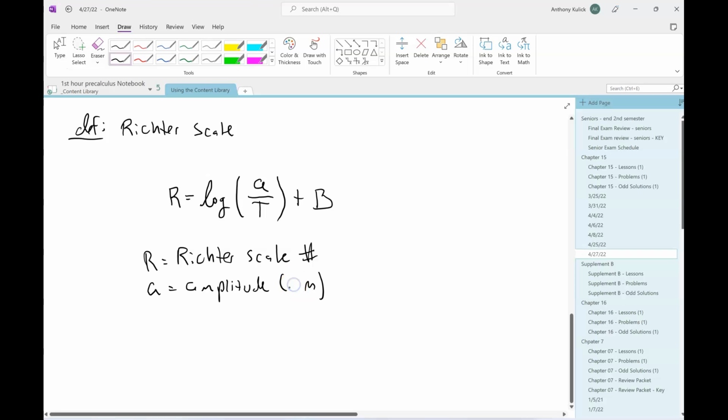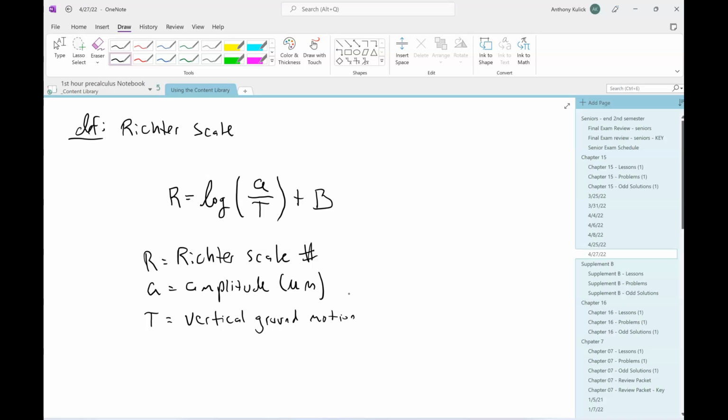I think that mu symbol is the prefix for micro. T is the vertical ground motion at the position of the earthquake.